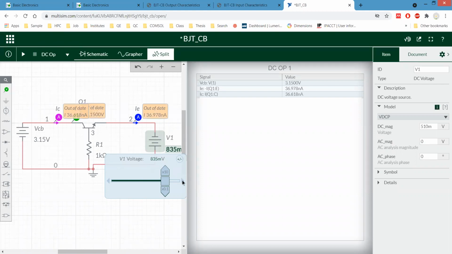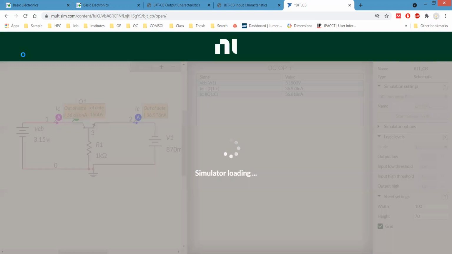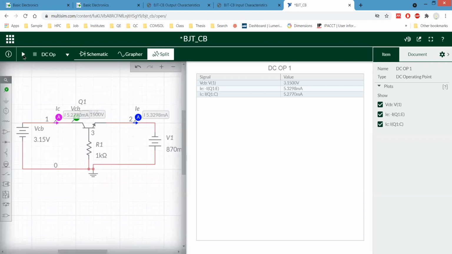Let's say keep it at 1 volt. Okay, now it is fine. For this IE value, we will have the set variation of VCB. Please note down that IE is 5.3 milliamps.